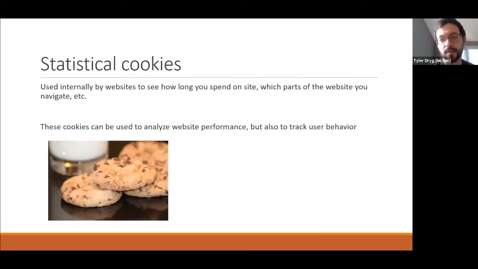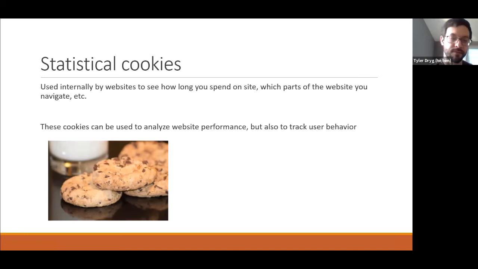The second type that websites also use are statistical cookies. So this is used more to measure the website performance. Companies might be interested in how long you're spending on their site, which parts of the site you're using. So for instance, if you're on a news website and you're clicking over to an article, websites might want to track that.